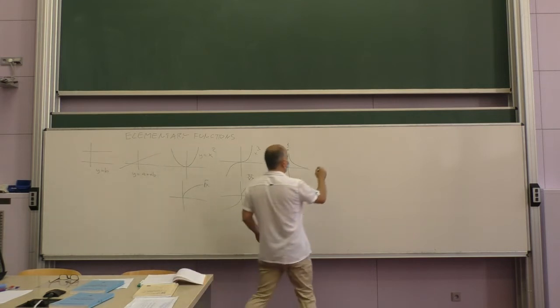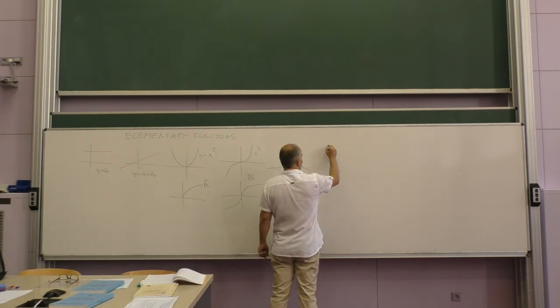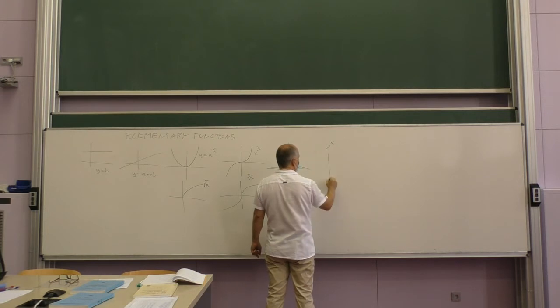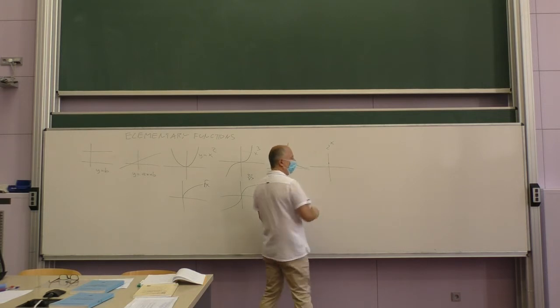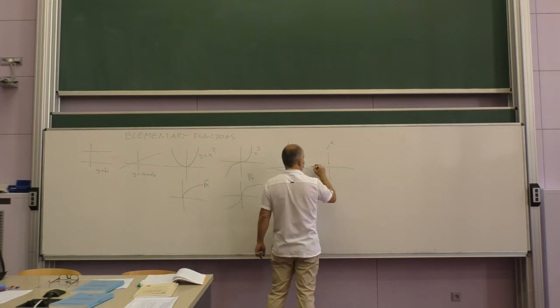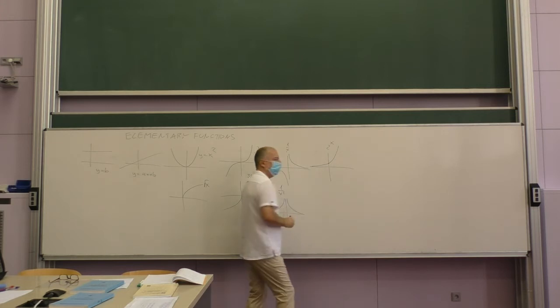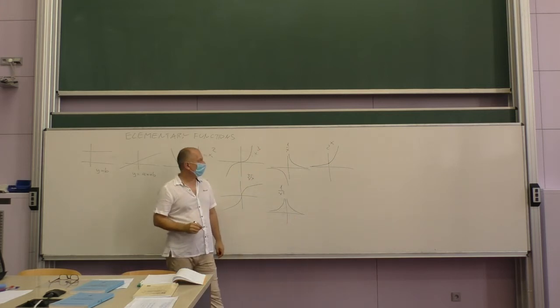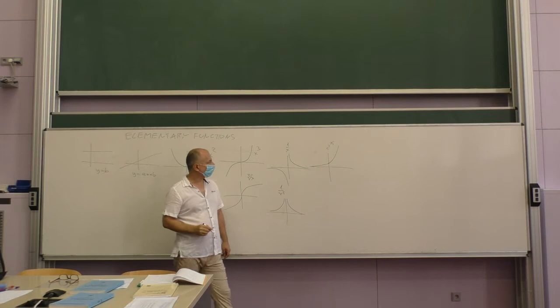Then an important function is the exponential function. If we call a function, say, 2 to x, then for 0, the result is 1. For positive x, it increases very quickly. And for negative x, it goes to 0 very quickly.